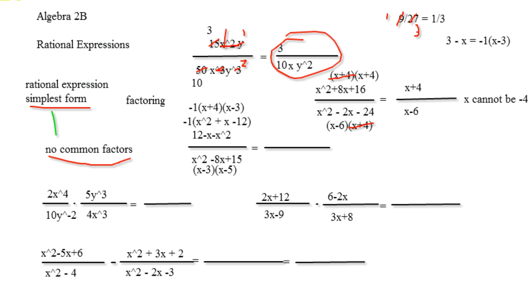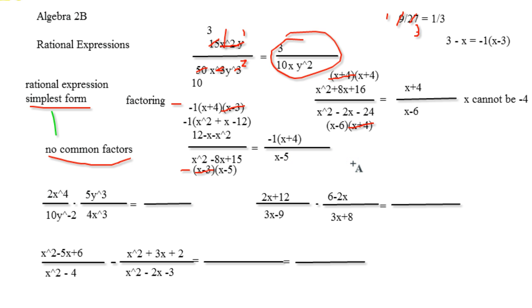Remember, I keep going until I get to these top two factors, and then I start simplifying. Now, if you notice, there's x minus 3 on both, so I can simplify those. Those are my removable discontinuities. And so I'm left with negative 1 times x plus 4 over x minus 5.